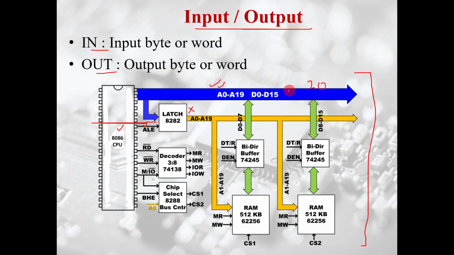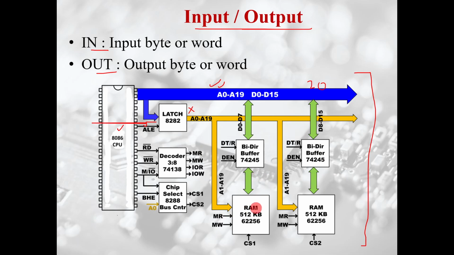Now that this has become free, data can be placed here. So I have a latch, and this latch basically stores the address lines. Once the address is placed, the latch signal goes high, then the address comes here. The same address lines will be available here, and now this is free for data transfer.